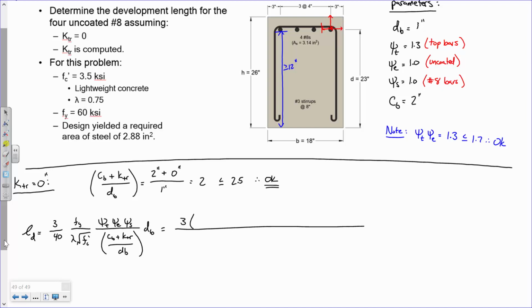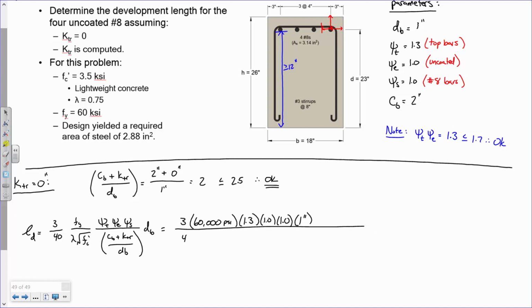What's Fy? Exactly. It's 60,000 psi. Because that square root of Fc prime on the bottom, that's going to be in psi. So, and then 1.3, 1, 1, and then 1 inch.